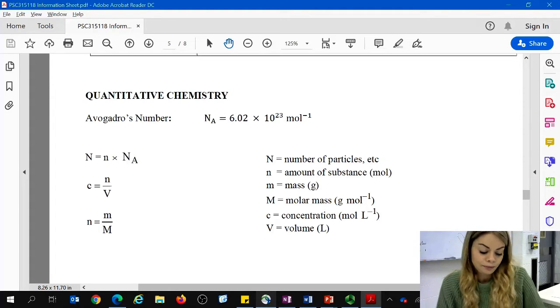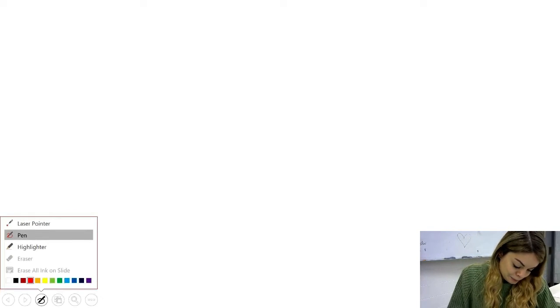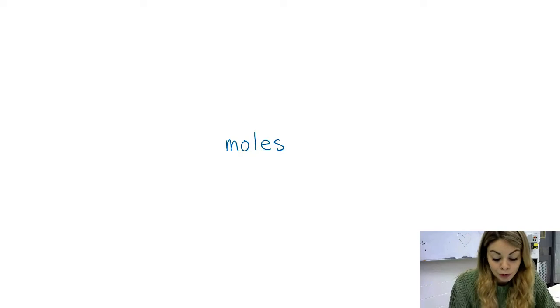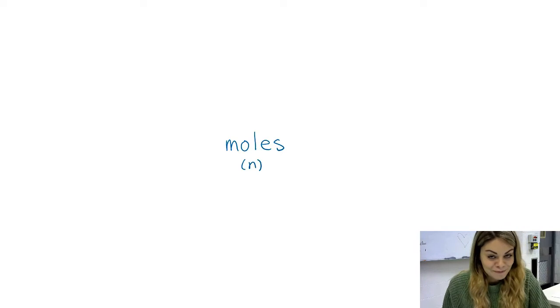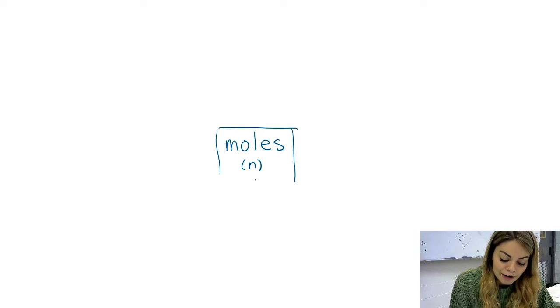Okay, so the chart thingy-majiggy that Pete likes to use looks like this. And I think it's probably quite a good one. We should all use it. So in the center of everything, we have moles. Moles are very important. Okay, nice little square around that.